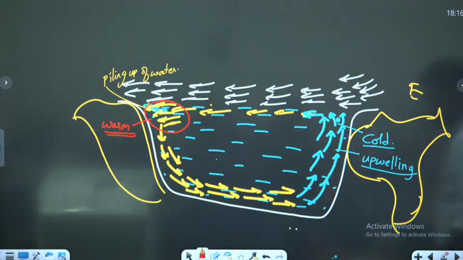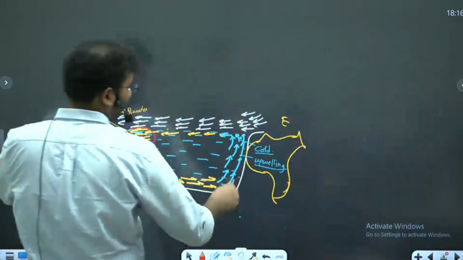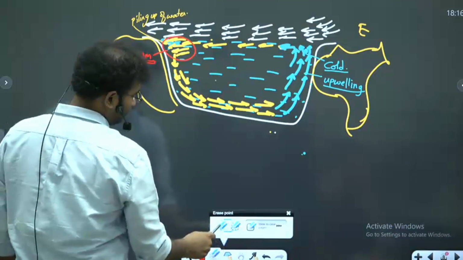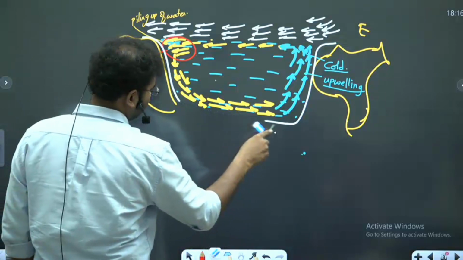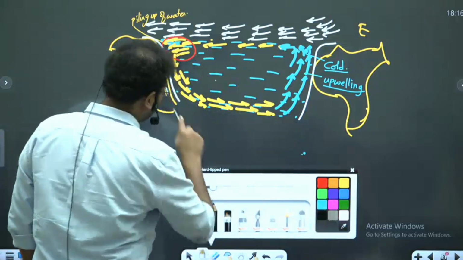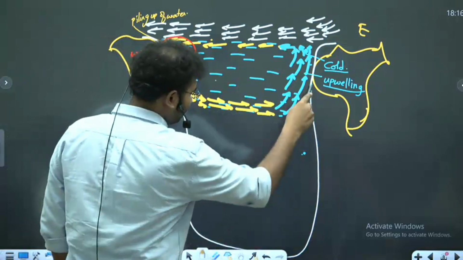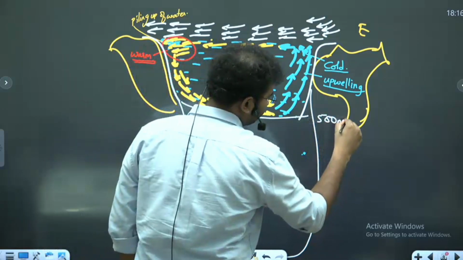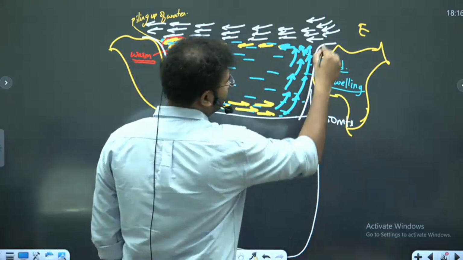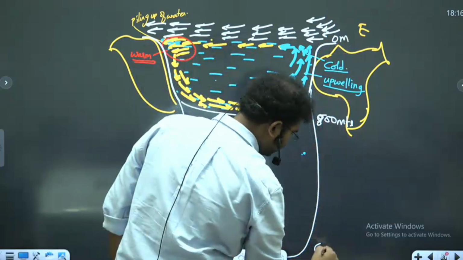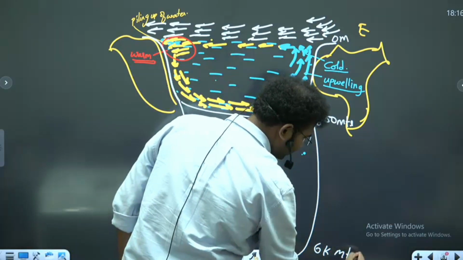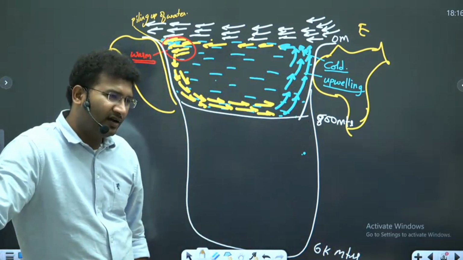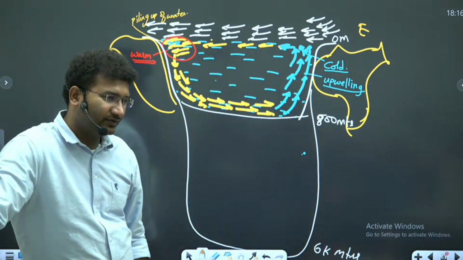So I've drawn this diagram, if you remember. This one. So for your understanding, I'll make the ocean a little deeper. This is at a depth of 500 or 800 meters. This is 0 meters. This is 6,000 meters. Clear है? आपने thermocline temperatures you have studied.